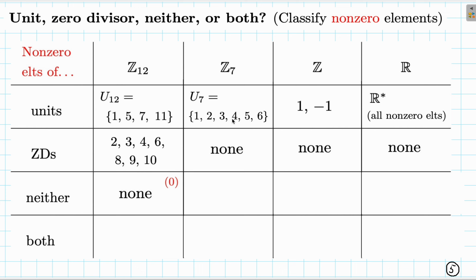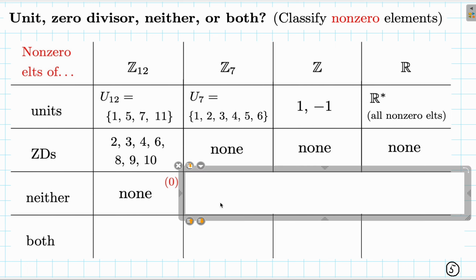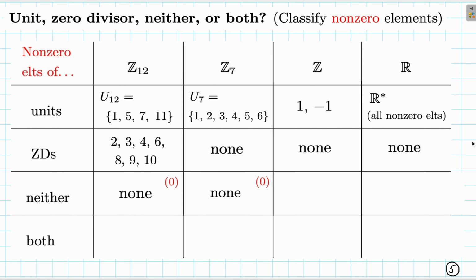Likewise, in Z7, all the non-zero elements already show up as units. So we don't have any neither here, except for 0, of course. And similarly for the reals R, all the non-zero elements already show up as units, and so we don't have any neither element except for 0.